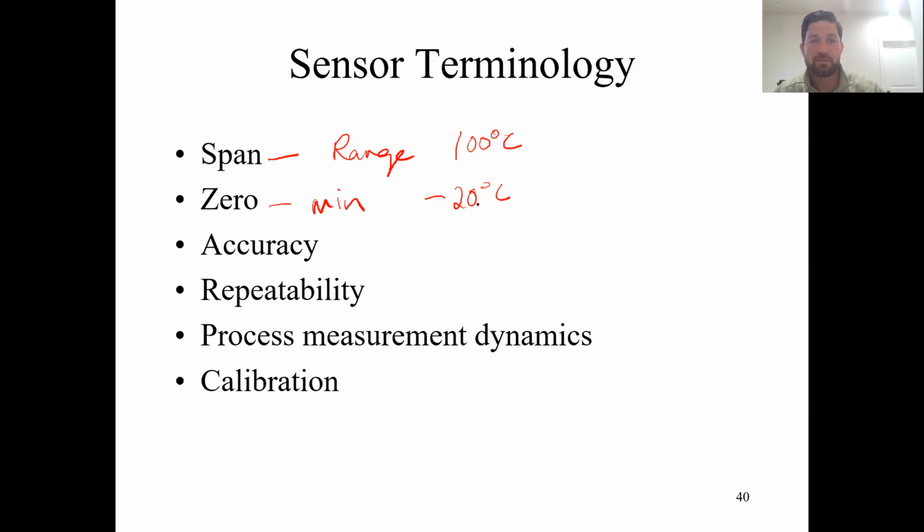So the sensor is going to go from negative 20 up to 80 degrees C. 80 degrees C will be the maximum. So the span will tell us essentially how much the signal changes with degrees Celsius.